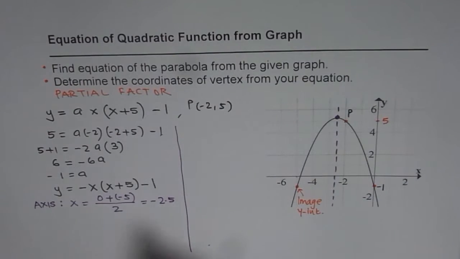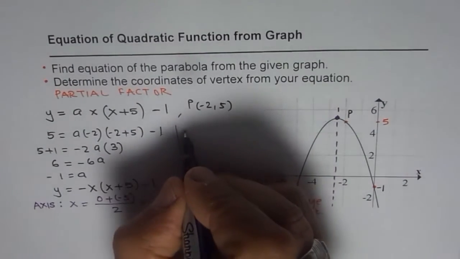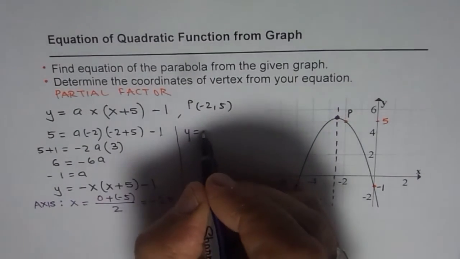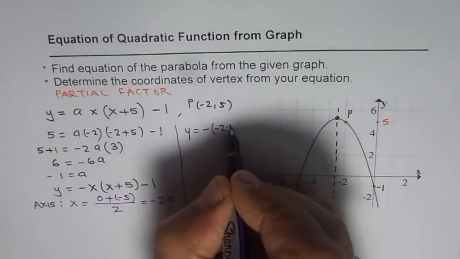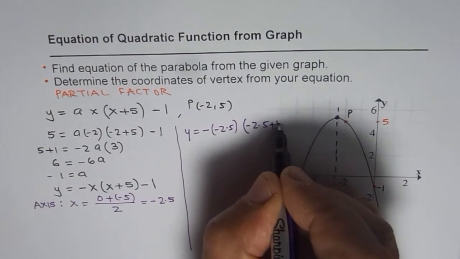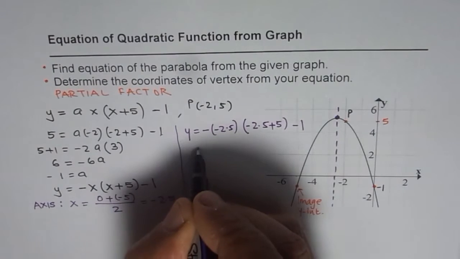So let us do that part. For part 2, y equals, replace x with -2.5: minus of -2.5 times (-2.5 plus 5) minus 1.